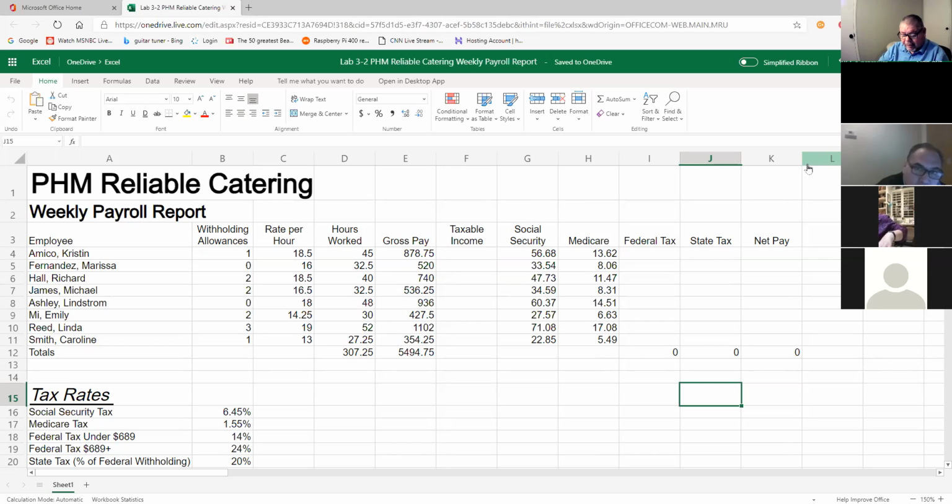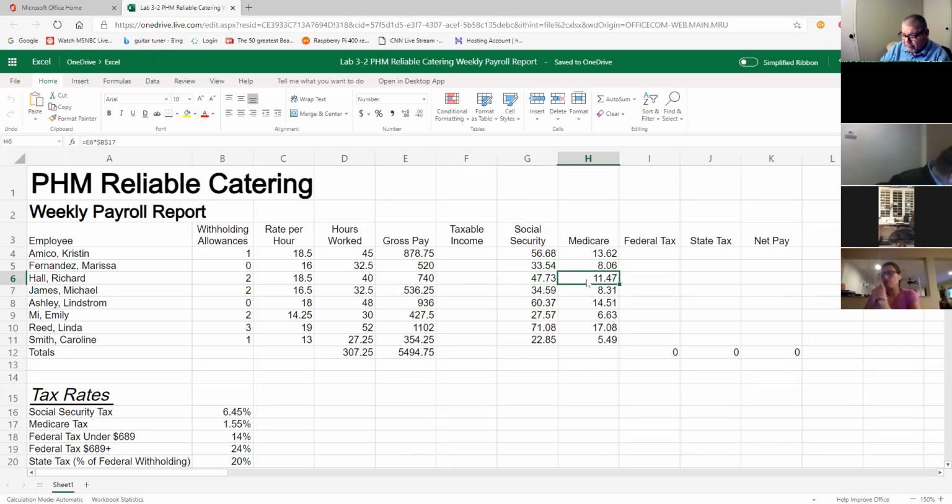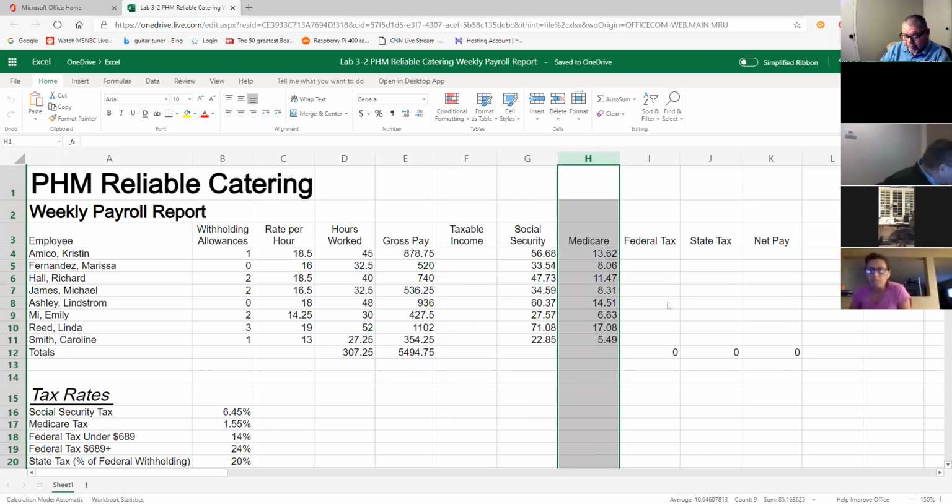But definitely we're going to start on number 10 and number 11. Number 10, I think it's already done. We did the Medicare taxes and we did the Social Security on number 10. And I have those two right here. So we did those two, this and this one. So we're in number 11, federal tax. That's where we left off.